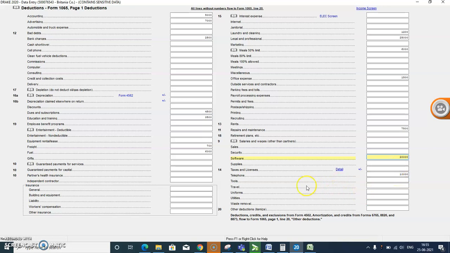Supplies $5,000. License fees $15,000. Utilities $2,000.